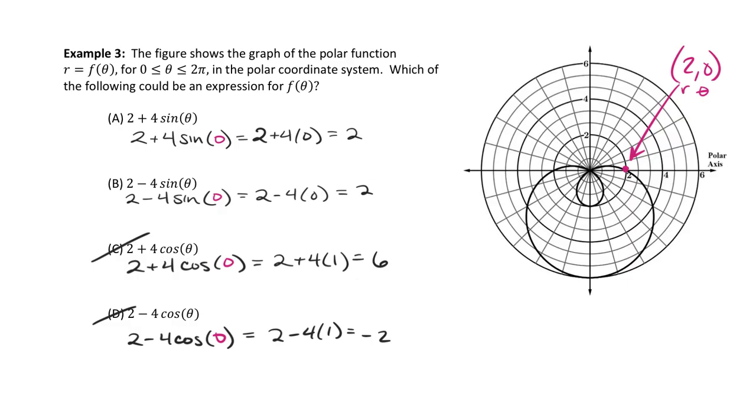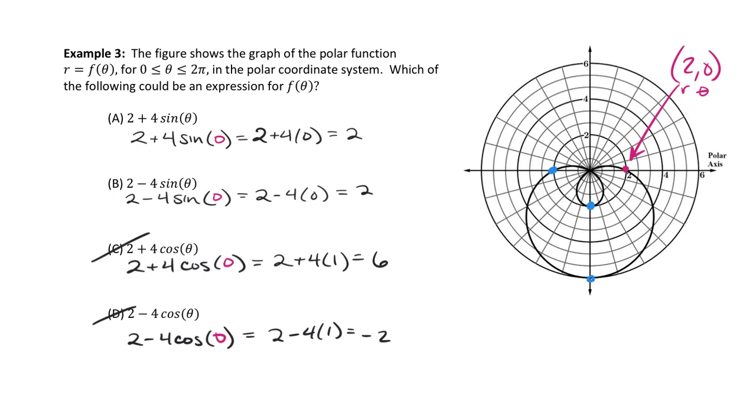Here comes the part where we have to make a choice. And this is mathematician's choice here. We need to choose another coordinate point on this graph to verify that it's returning the right radius. So we have a few options here. You could have picked this angle. You could have picked this angle. You could have picked this angle.